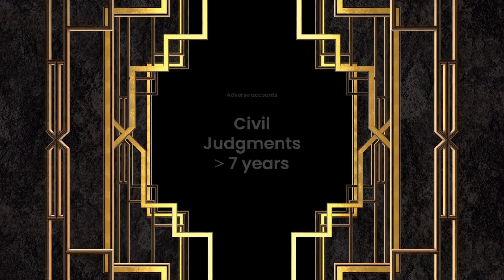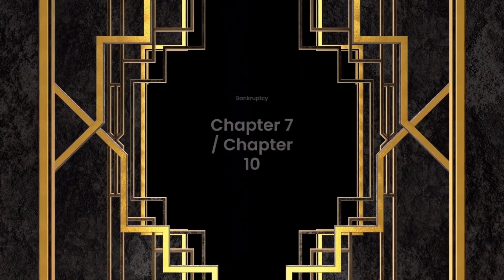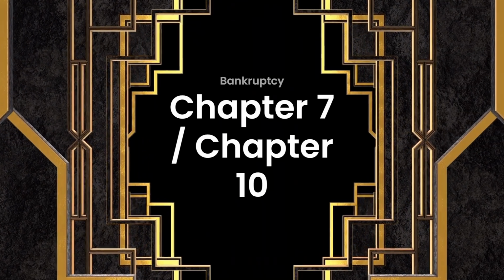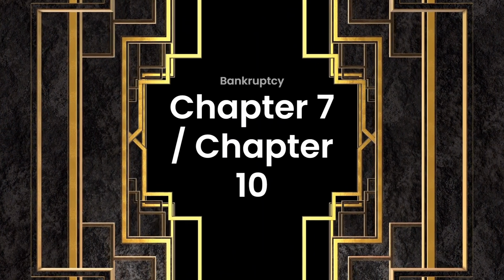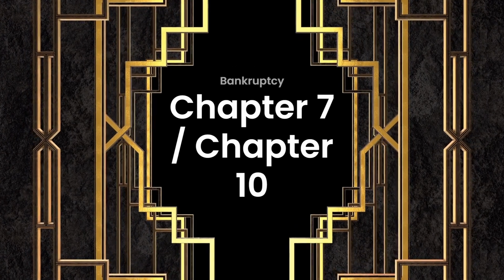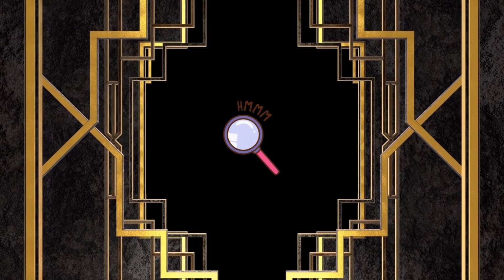You're going to look for civil judgments or tax liens. You're going to look for bankruptcies. Now, a Chapter 7 bankruptcy can remain on your account for 10 years legally, and a Chapter 10 bankruptcy can remain for 7 years.